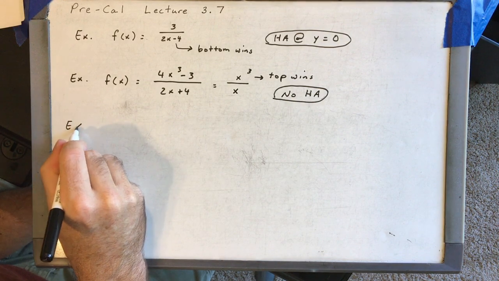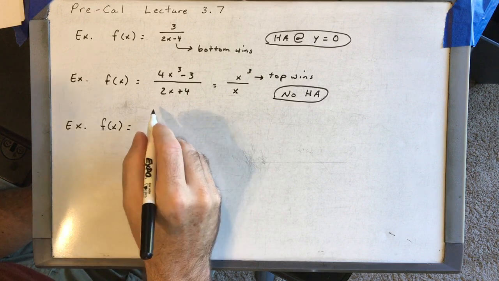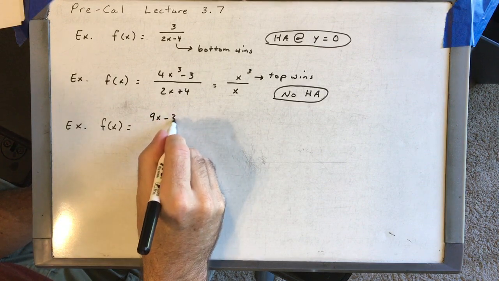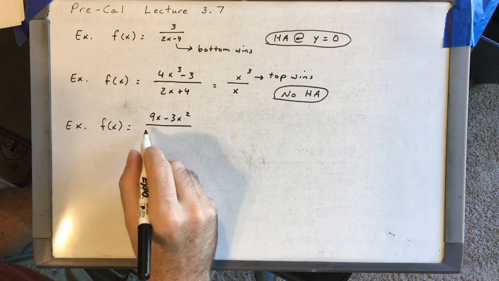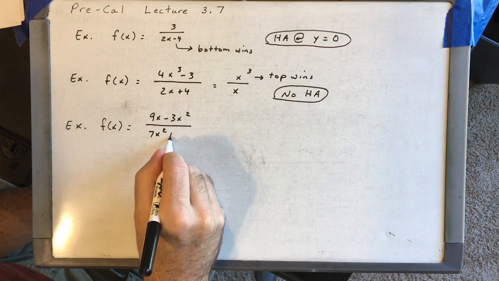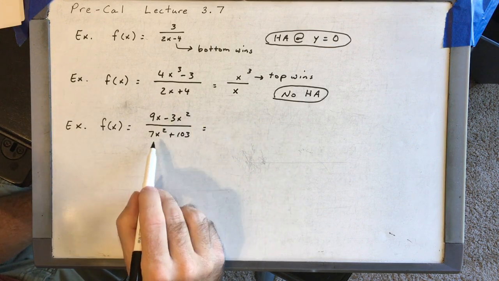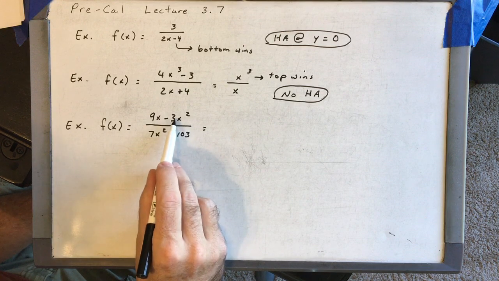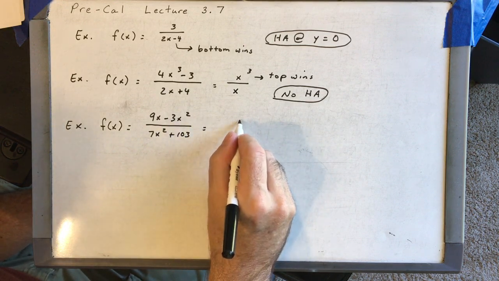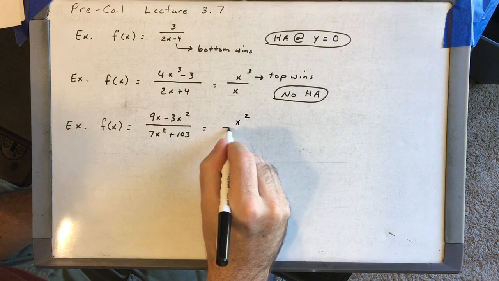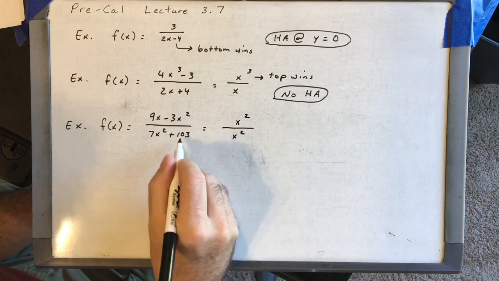And our third example is f of x is equal to 9x minus 3x squared over 7x squared plus 103. We only care about the largest power of x. The largest power of x in the numerator is x squared. The largest power of x in the denominator is also x squared. So I don't care about the 103.